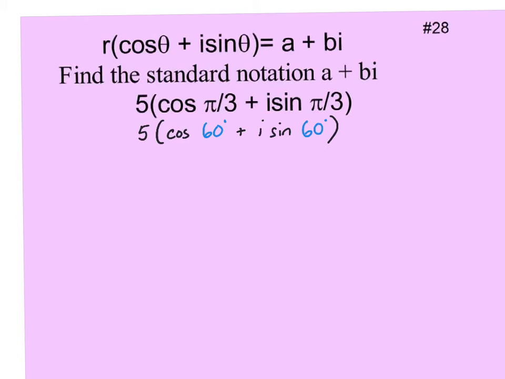Your ratios would be 1, radical 3, and 2. Radical 3 is always across from our 60-degree angle, and the hypotenuse is 2. This helps us evaluate the cosine of that 60-degree angle. Adjacent over hypotenuse would give us 1/2. And the sine of the same angle would be radical 3 over 2.